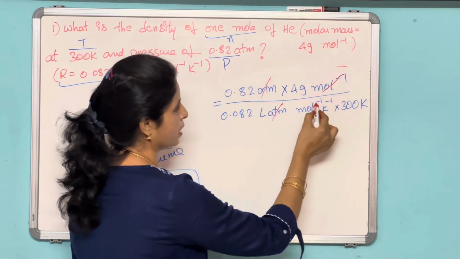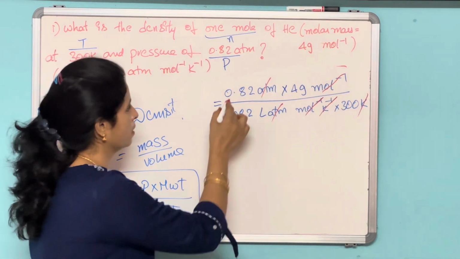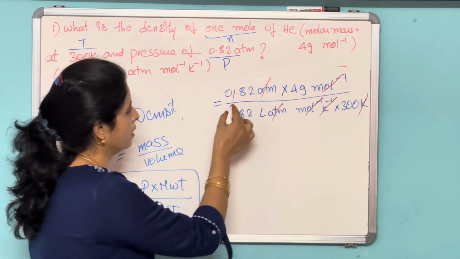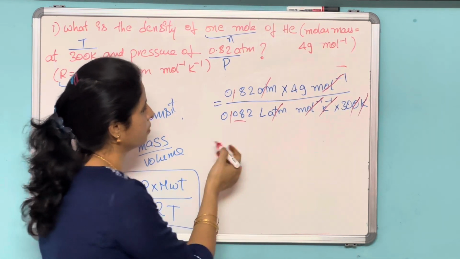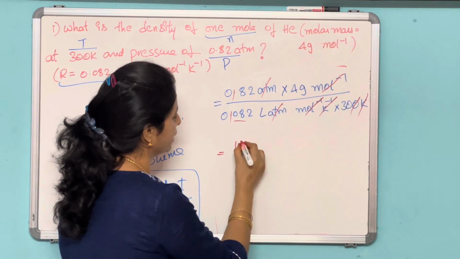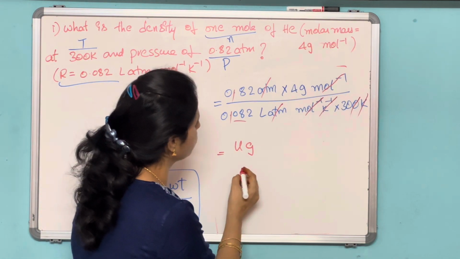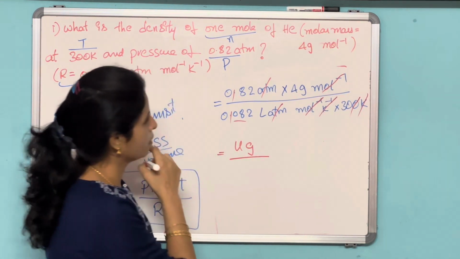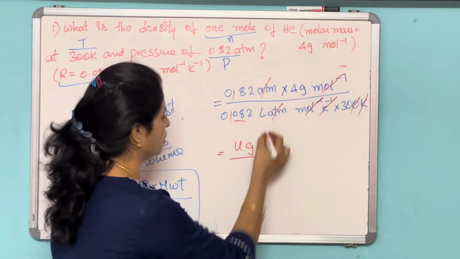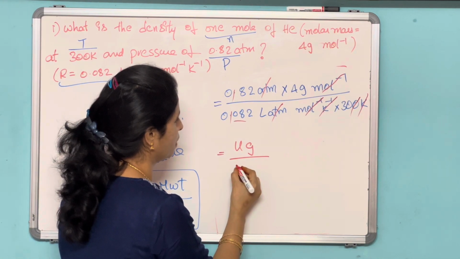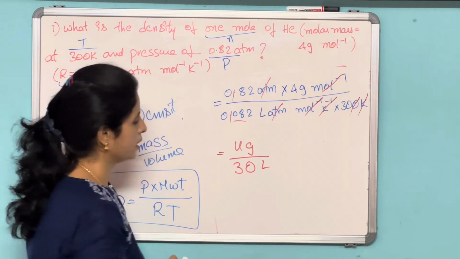and this mole inverse. Now here this point and this point, you will get 0 and 1 0 cut off, and you will be remaining with 4 grams. It is 4 by 30 and you are left with liters.